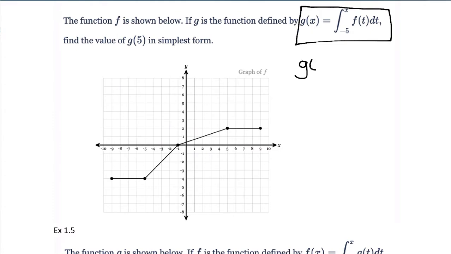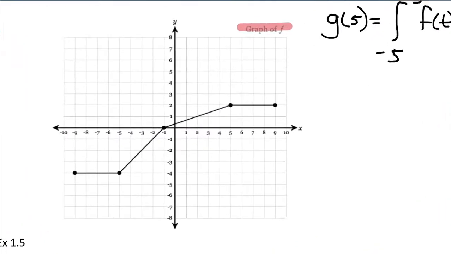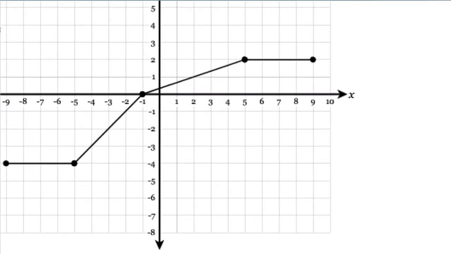Well, g of 5 would be the integral from -5 to 5 of f of t dt. Notice that I'm giving you the graph of f. And if we think about what this means, we're talking about integrating from -5 all the way up to 5.